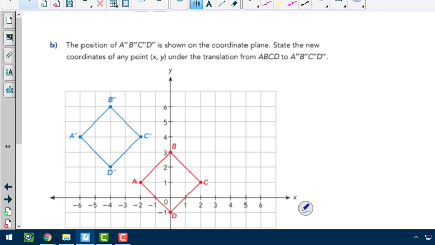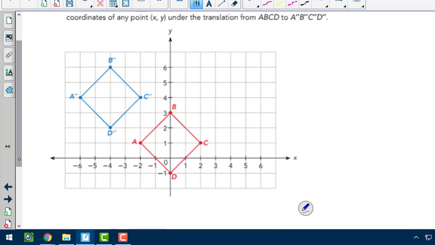So on the bottom of the page, you're going to draw in on graph paper A prime, B prime, C prime, D prime. So I'm going to do that. Follow along with me. So A prime was 2, 2. B prime was 4, 4. I might as well label them as I'm going along here. C prime was 6, 2.